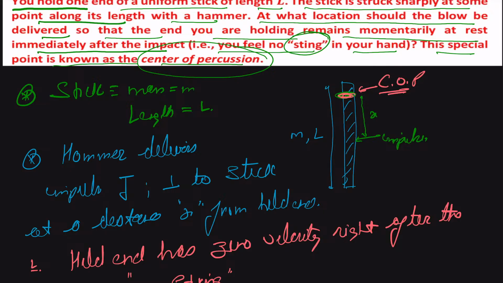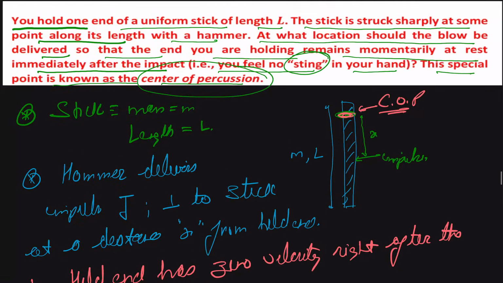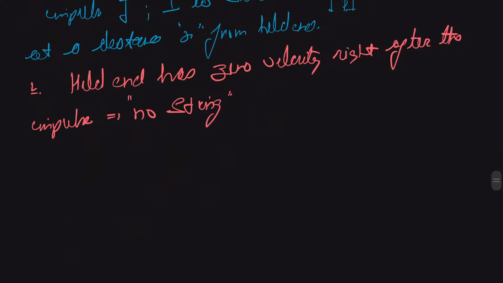So in this case, we are going to use the concept of linear momentum and angular momentum, and there should be no rotation about the center of percussion. So the rod should not be moving or pivoting about the center of percussion. Let us assume that this COP is our point A. Let me draw this separately.